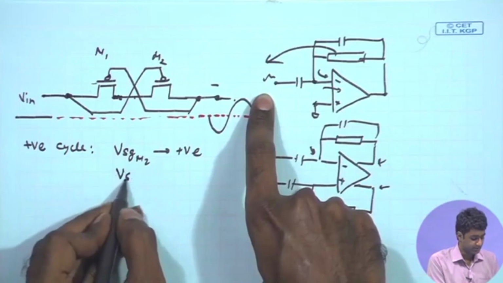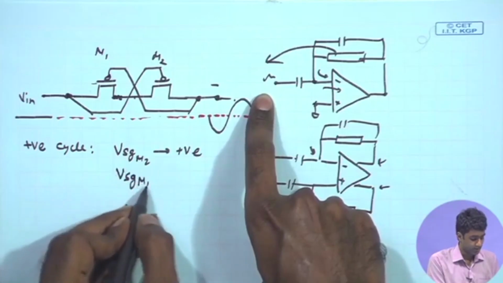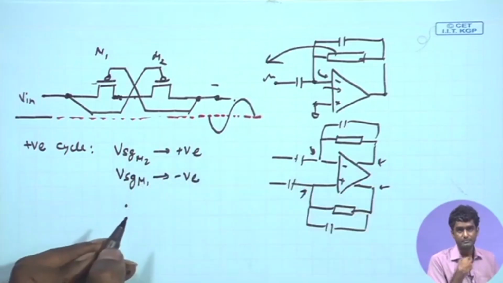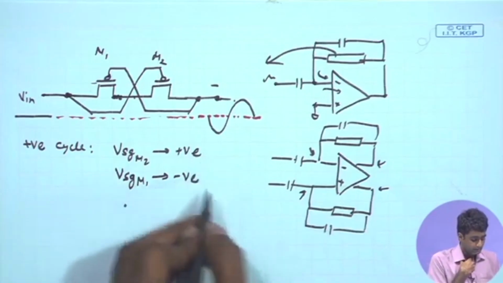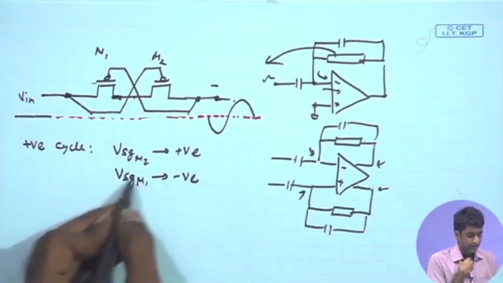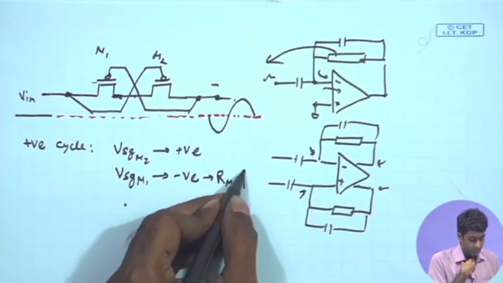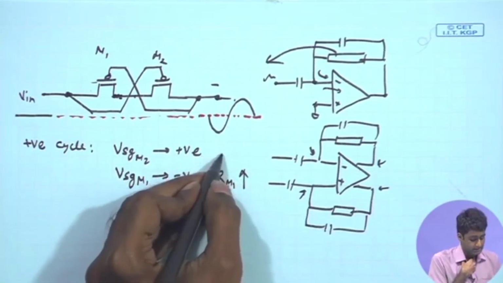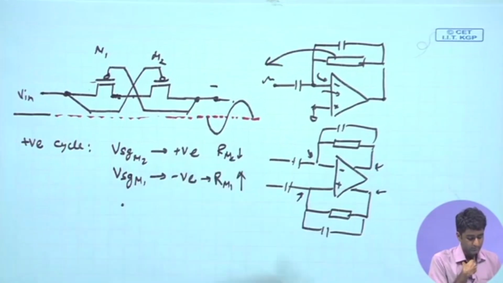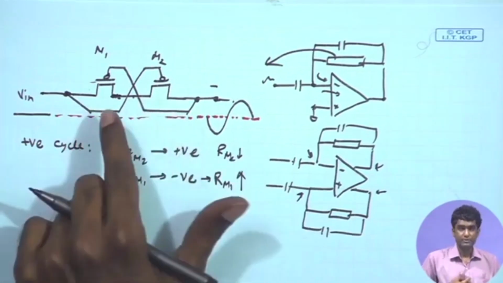So, VSG of M1 is becoming negative, and therefore the resistance of M1, R of M1, will be going up very strongly, whereas R of M2 is going down. This is a series combination.